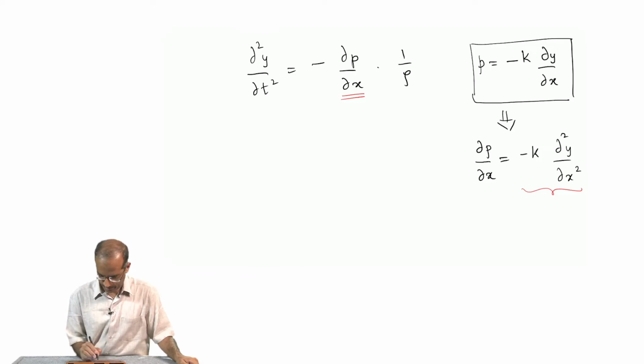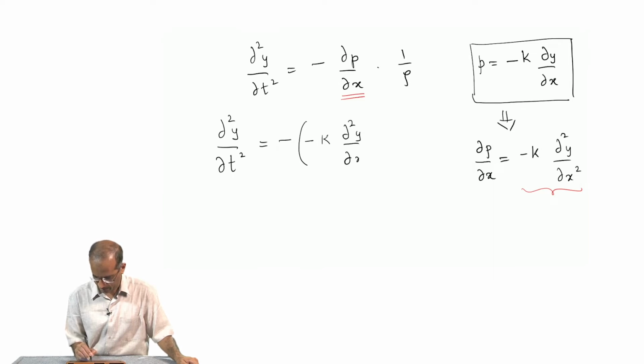Hence, my expression for ∂²y/∂t² will be equal to minus, and of course, I have another minus sign which will make it positive, ∂²y/∂x² into 1 by rho. So, this can be simplified to k by rho times ∂²y/∂x².